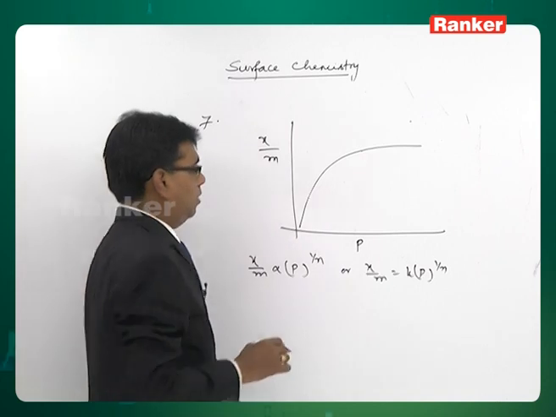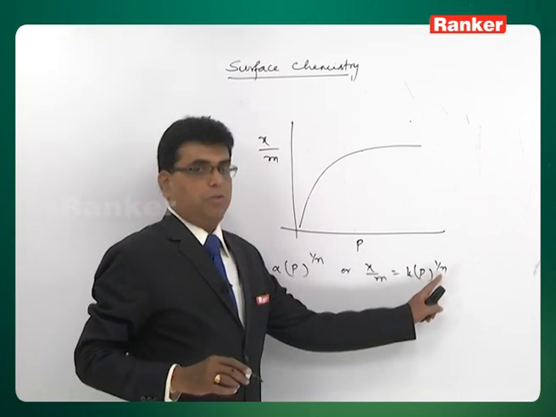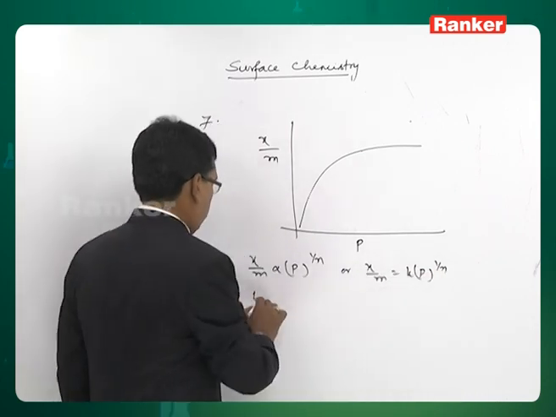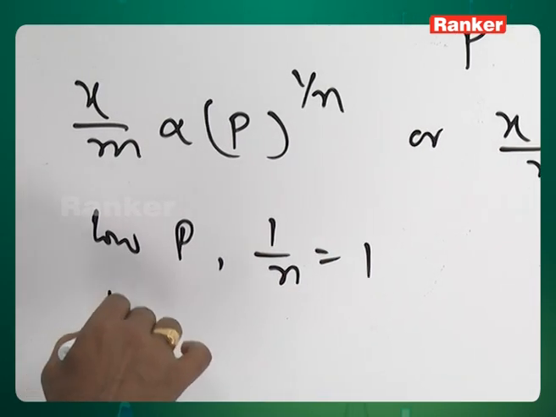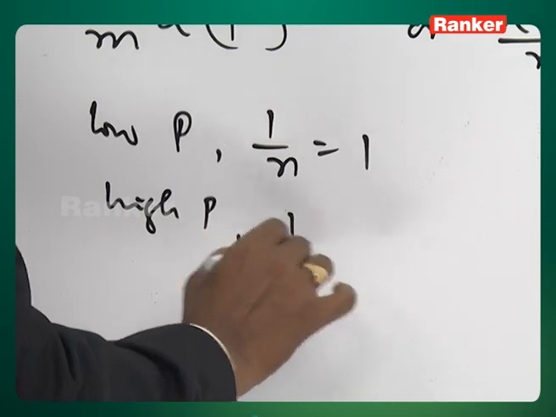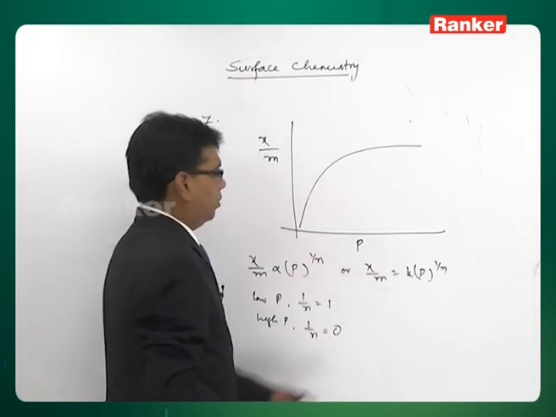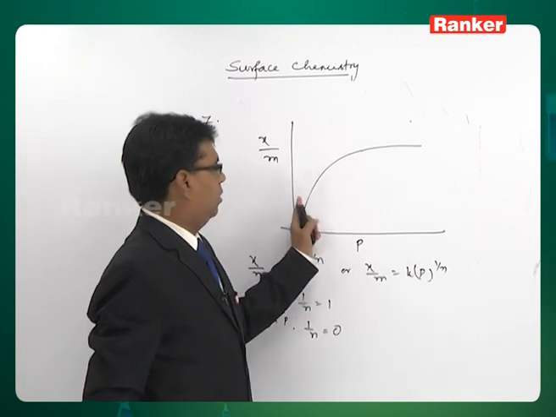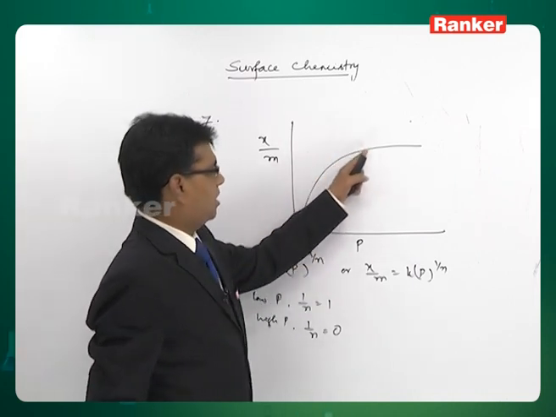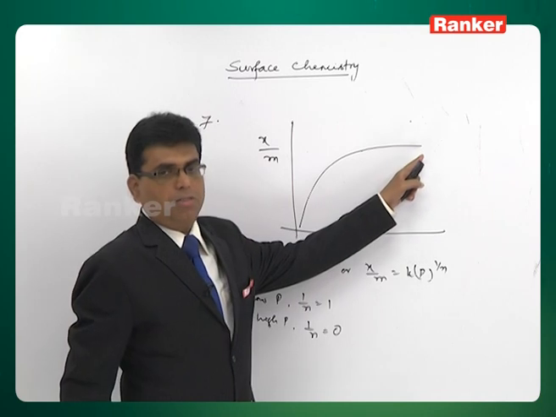At low pressure 1 by n is equal to 1, at high pressure 1 by n is equal to 0. So, when it lies between 1 and 0, at low pressure it increases as the pressure increases, and at high pressure it remains constant.